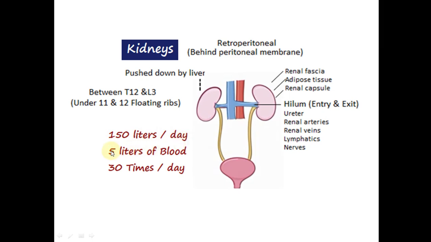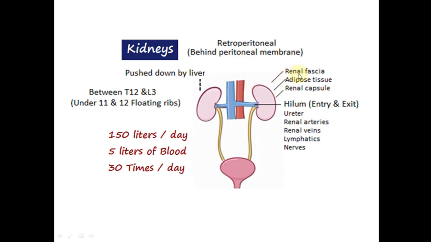If we suppose that a person has 5 liters of blood, then we can say that the whole blood in a person is filtered 30 times in a day. The kidneys are protected by three layers.